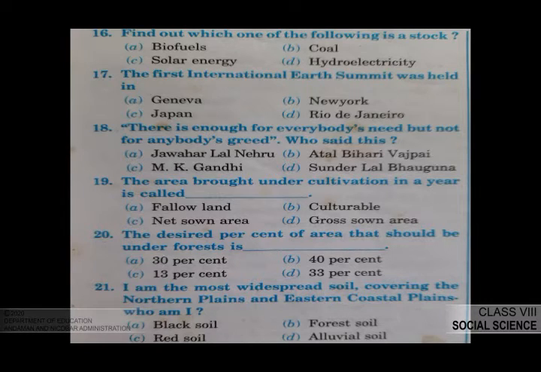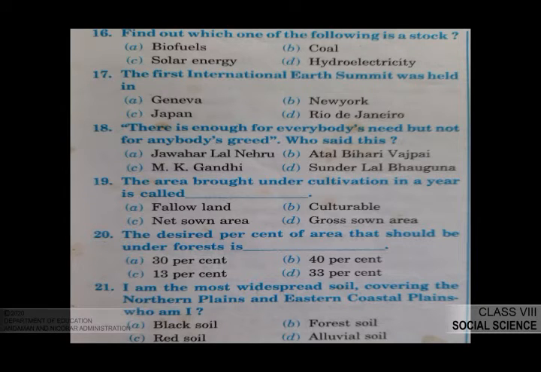So what would be the answer? If your answer is biofuels, then you are correct. Then the next question: the first International Earth Summit was held in Geneva, New York, Japan or Rio de Janeiro? The answer would be Rio de Janeiro.